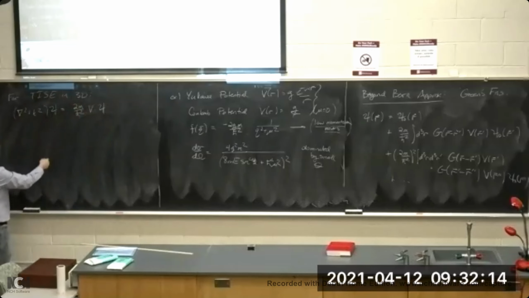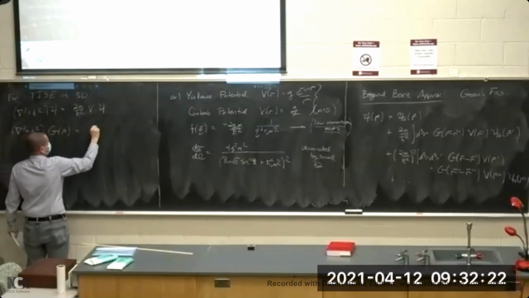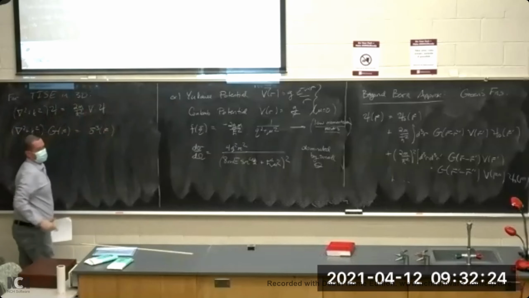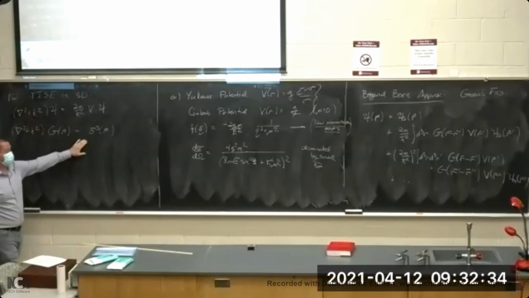So a Green's function for this operator would be one for which Laplacian plus k squared, Green's function of r, is delta function of r. And because the Schrodinger equation is a linear equation, knowing the solution for a point source allows me to construct the solution for any source by a superposition of delta functions.